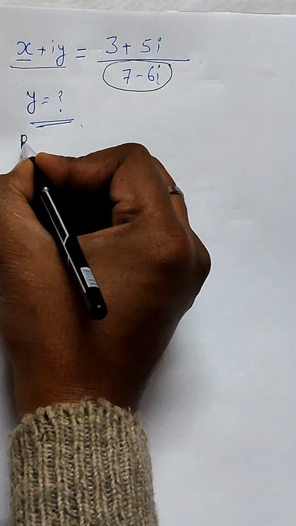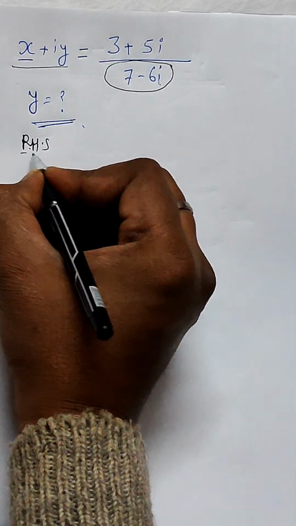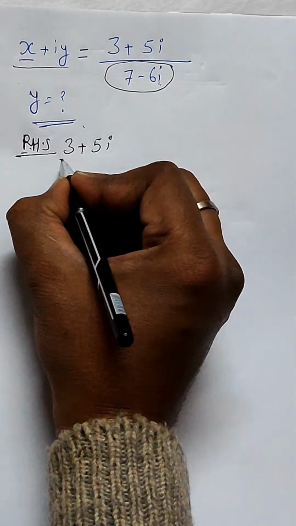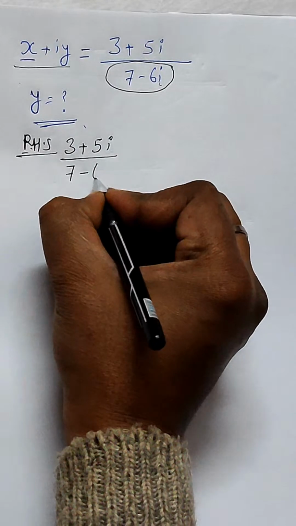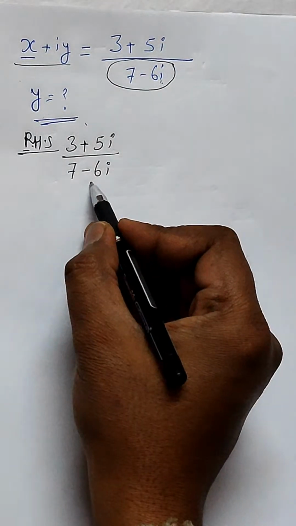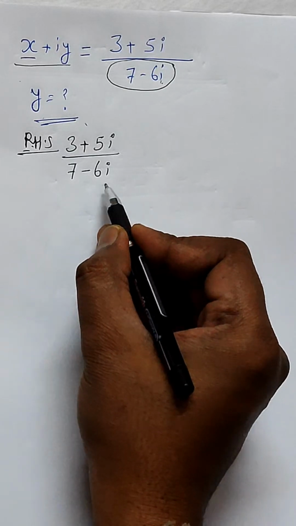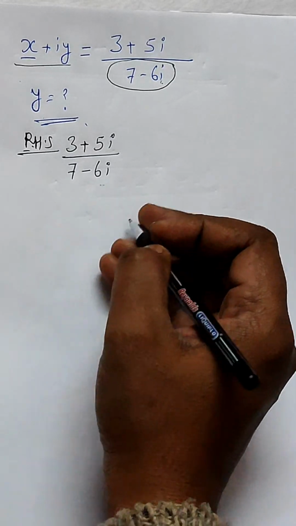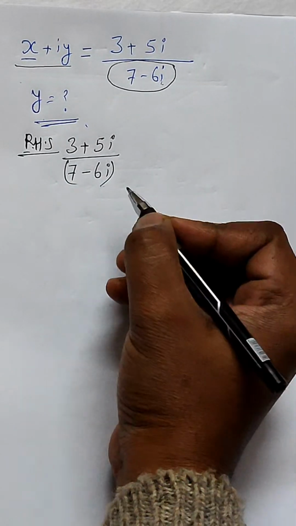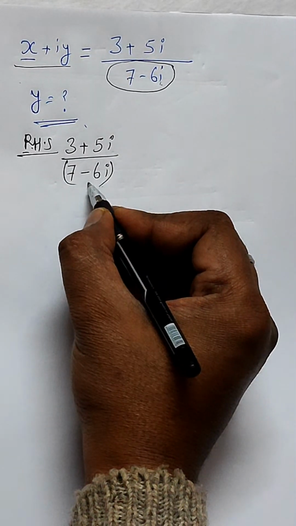Here, the RHS, right hand side, is (3 plus 5i) by (7 minus 6i), right? Just to remove the i of this denominator, what will we do? We do rationalization of this denominator. How is this rationalization done?